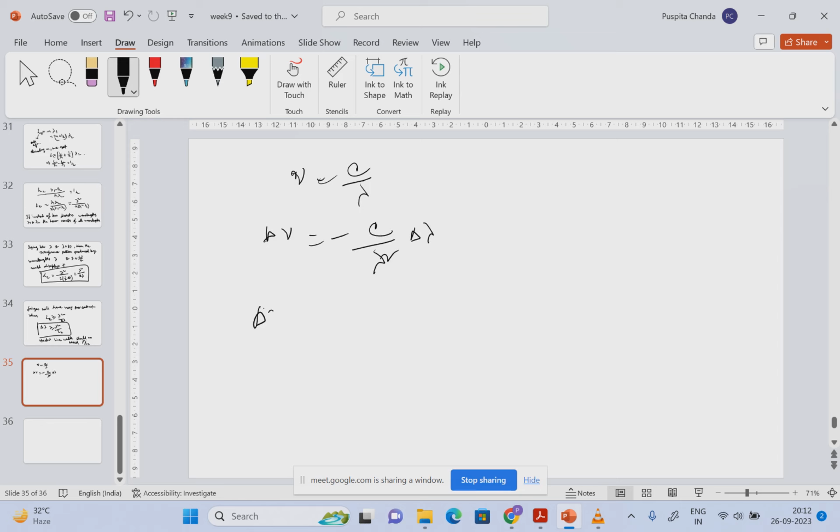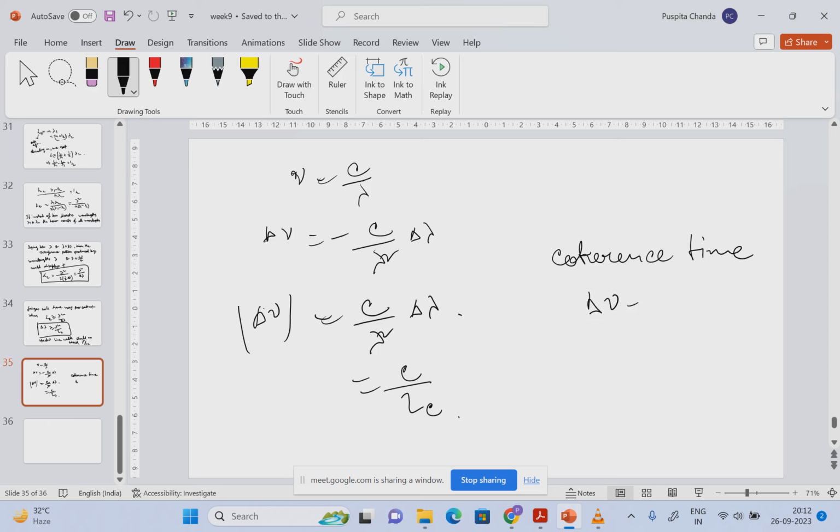So when we take the magnitude, it becomes C by LC. And for the coherence time, tau C is equal to 1 by delta nu.